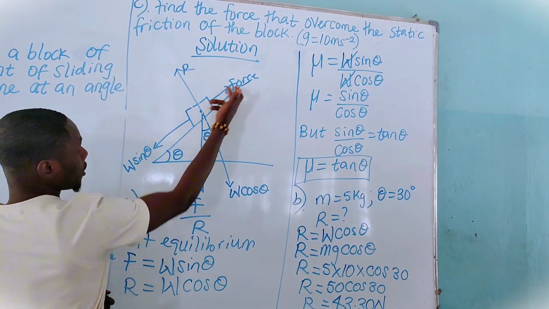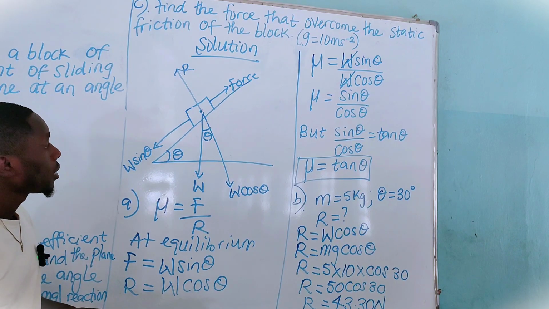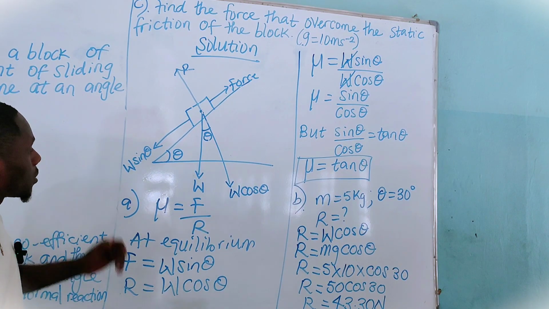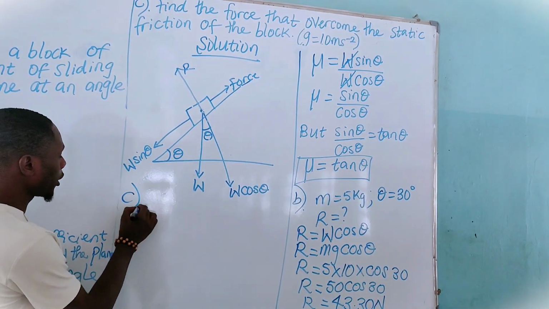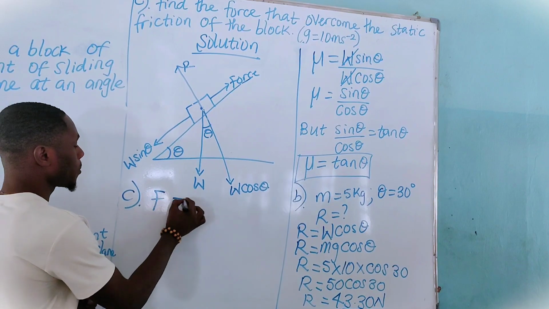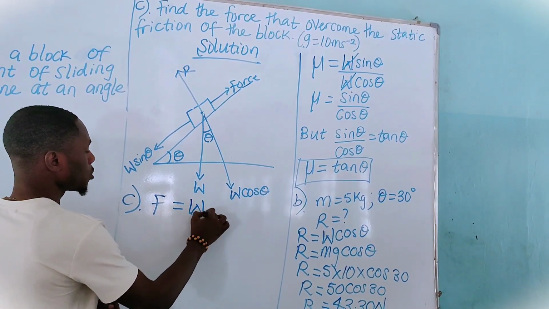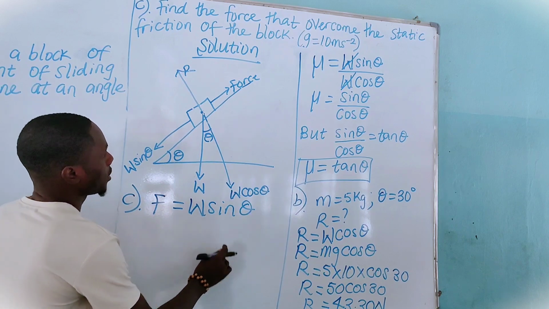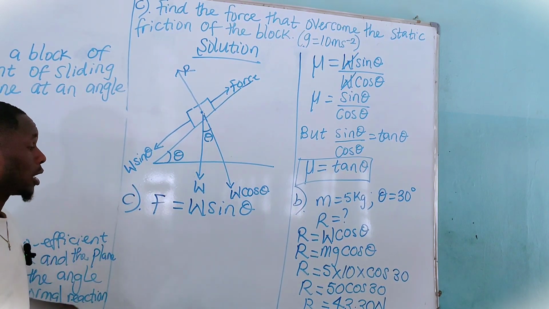So this is the force, and this is the vertical component of the weight. So for the third part of the question, the force must be equal to W sine theta. That means that force must be equal to the vertical component of the weight.